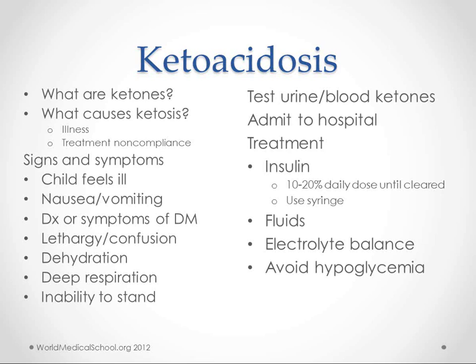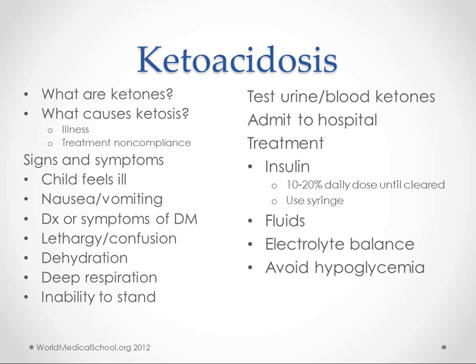So the signs and symptoms, a lot of times these kids just feel sick. If you have a type 1 diabetic who feels sick, test their ketones, especially if they have any vomiting. If they have vomiting, then you really need to suspect ketoacidosis. And if it gets worse, they can get lethargic, they can get confused.